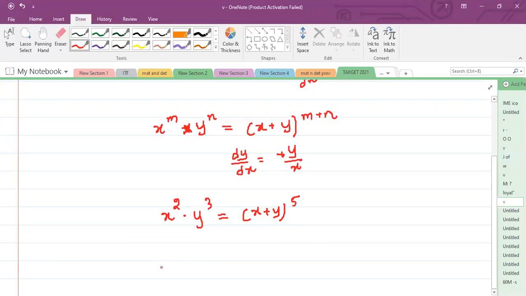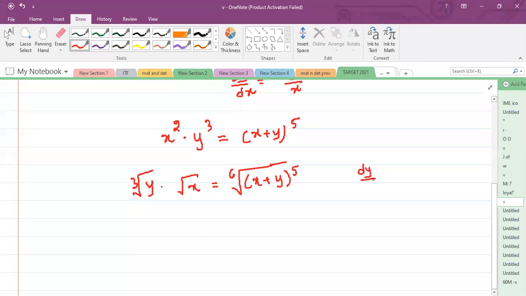In 2019 CET, there was a problem: cube root of y into root x is equal to sixth root of x plus y raised to 5, and they have asked dy by dx.